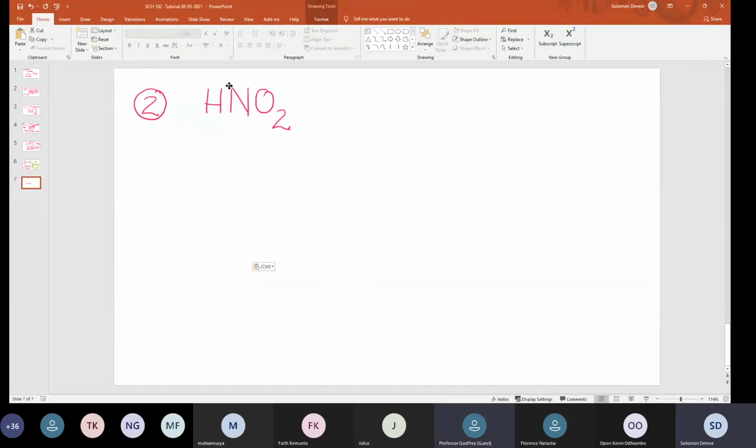Okay, so let's look at the second example. Excuse me, sir, when you're drawing this Lewis structure, must you obey the hybridization, or is it okay not to obey? No, in Lewis structure, we only worry about which atom is next to which one.